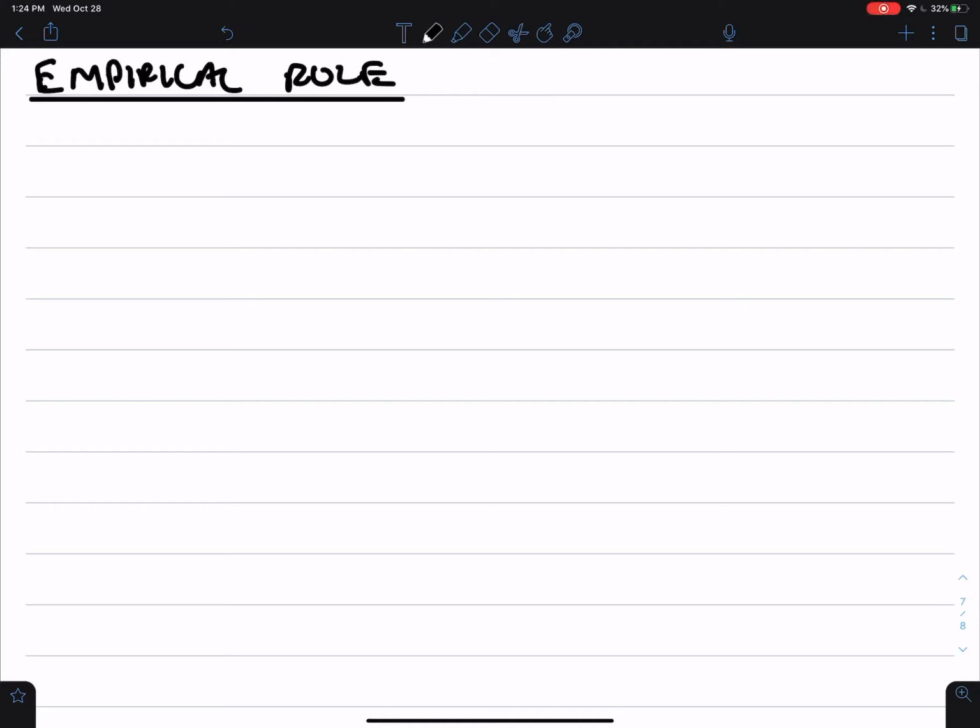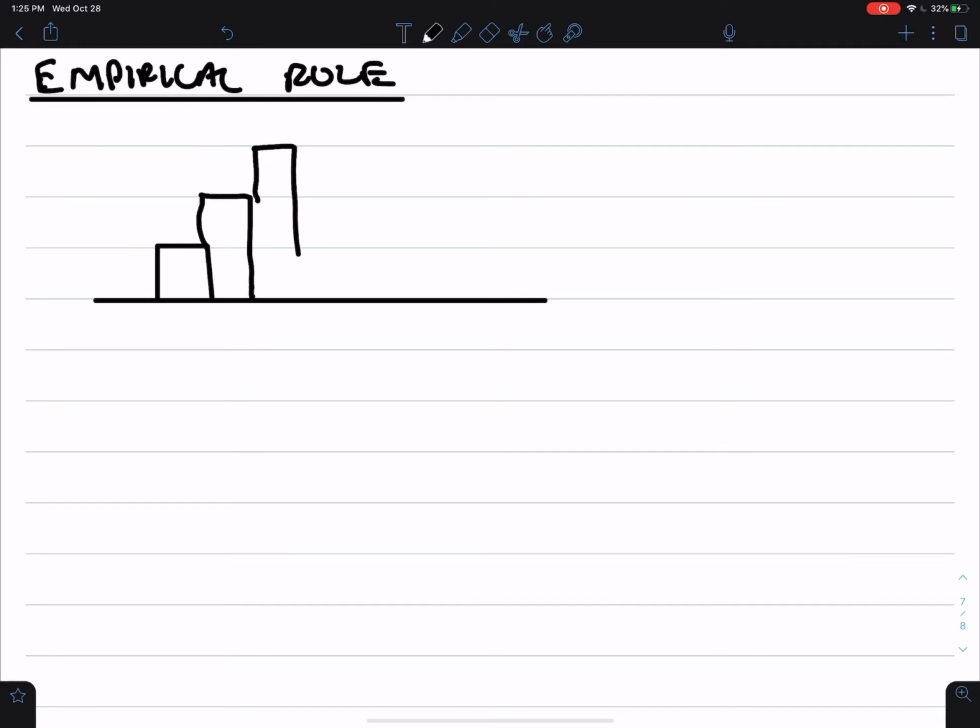The empirical rule is basically a rule for bell-shaped distributions. For example, when I made you draw a histogram in previous sections, you had something that looked like this, right?